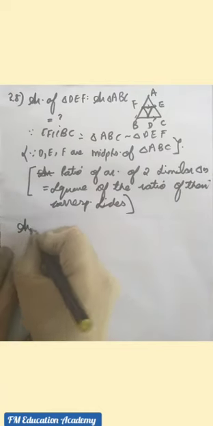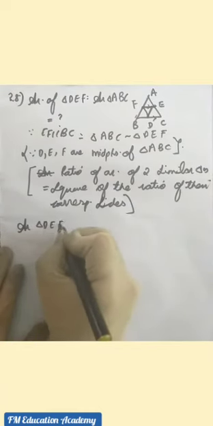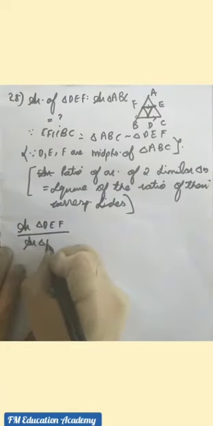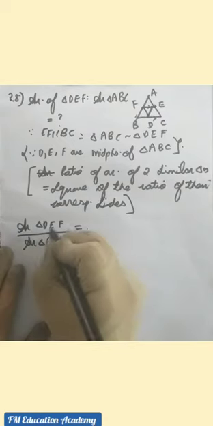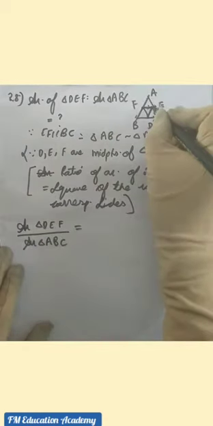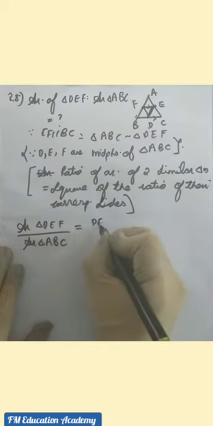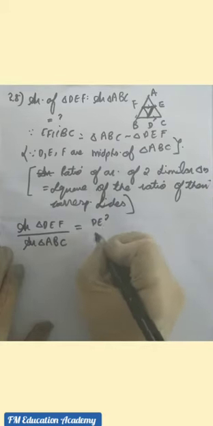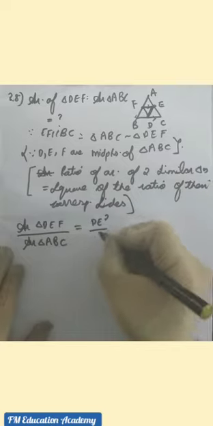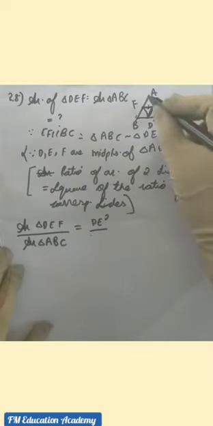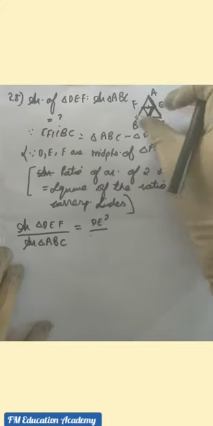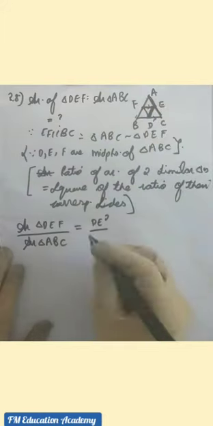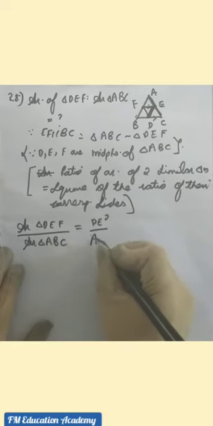So the area of triangle DEF by the area of triangle ABC is equal to, for DEF, which side can we take? We can take the DE side. The square of the side DE by the square of the corresponding side of ABC, which is AC, because we are concerned with these sides.